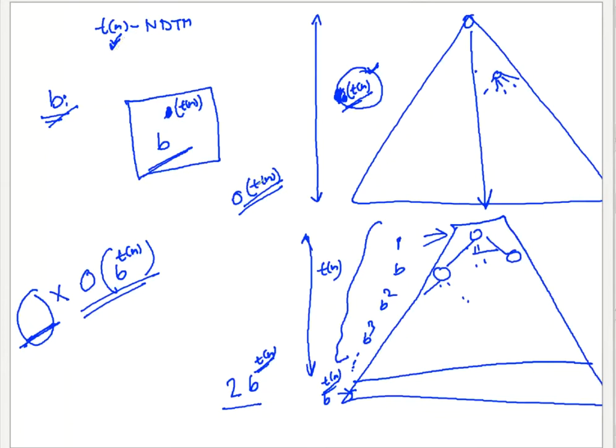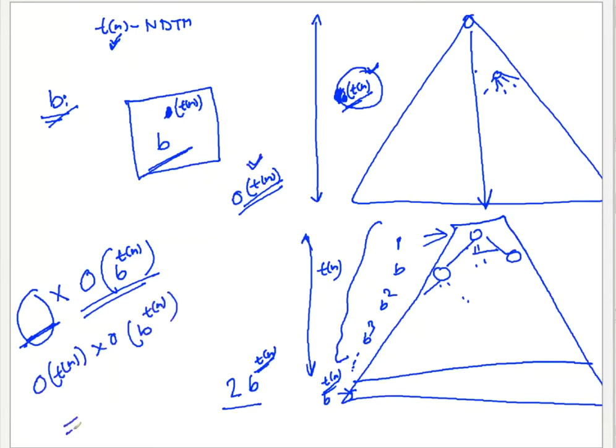That is why we said the machine is Tn time. So the simulation cannot cross this time limit. The overall time will be order of Tn times order of b to the power Tn.